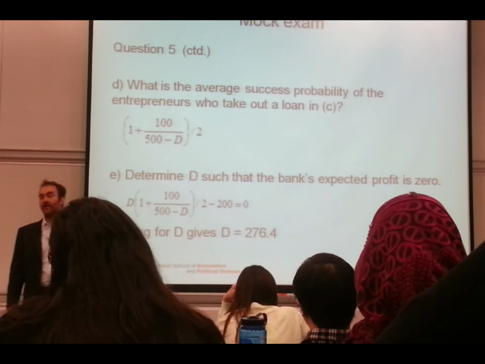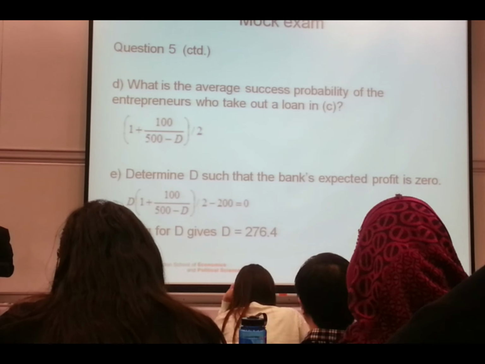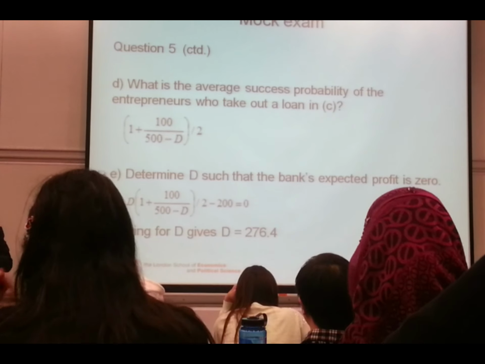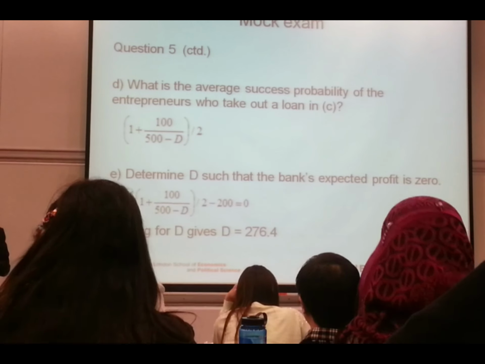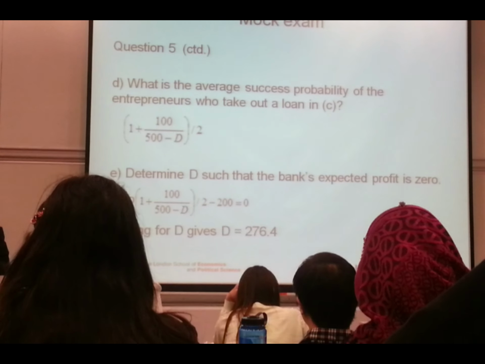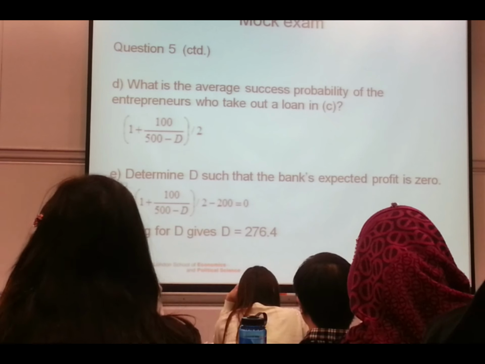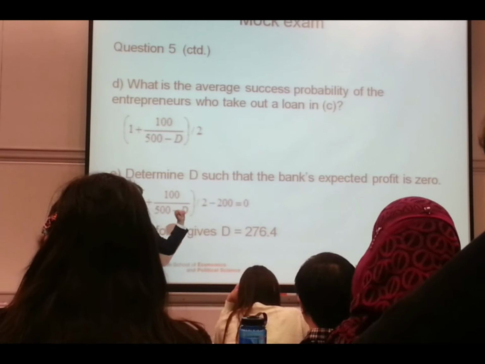If I'm the bank and someone shows up at my door and says, I want to take out a loan, my expectation of this person's success probability is the average probability of those people who want to take out a loan, right? So it's going to be 1 plus 100 over 500 minus D, divided by 2.